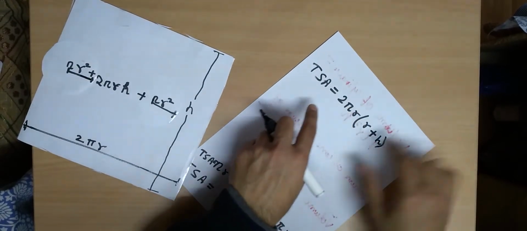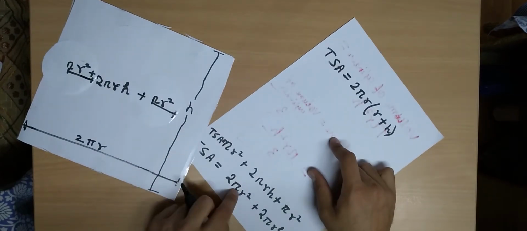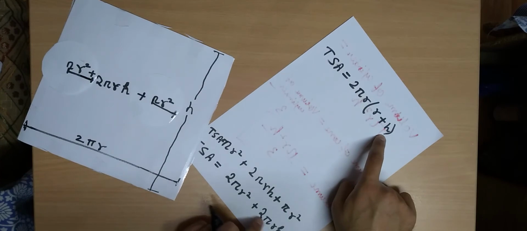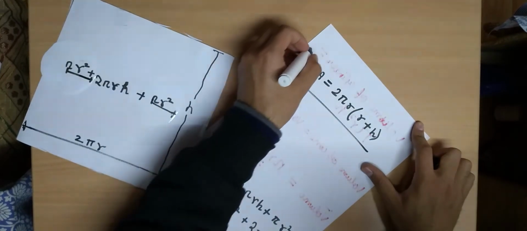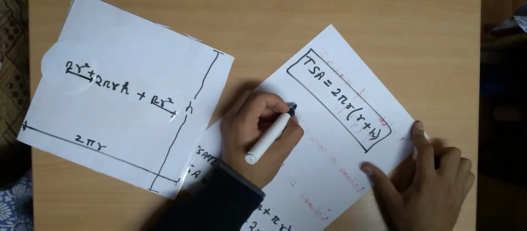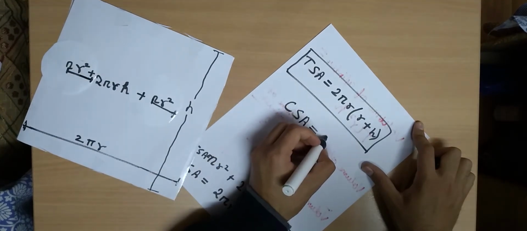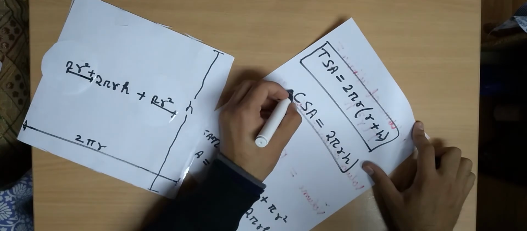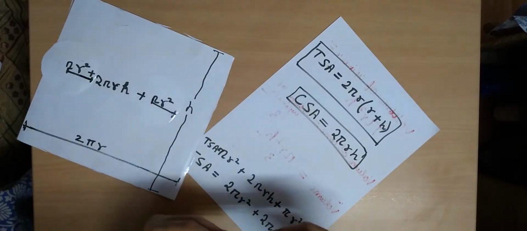So if you see, if I open the brackets, I get 2 pi r into r, which is 2 pi r square, and 2 pi r into h, which gives me 2 pi r h. So that can be written as this. This is the total surface area of a cylinder, and if you just had to find the curved surface area, that is simply 2 pi r h. And there you go, the surface area of a cylinder.